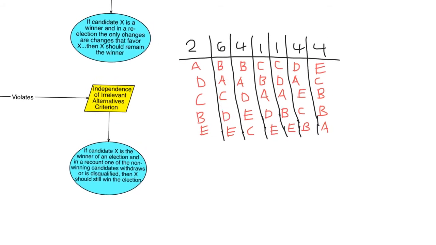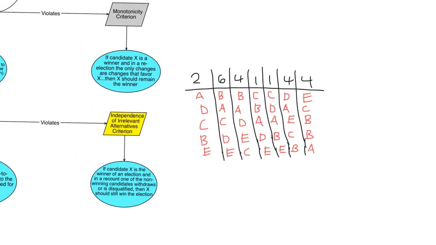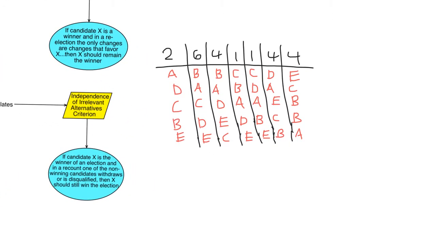Before, with the monotonicity criterion, we were talking about the plurality with elimination method, but now we are going to look at what can happen when you use the method of pairwise comparisons when determining the winner of an election.